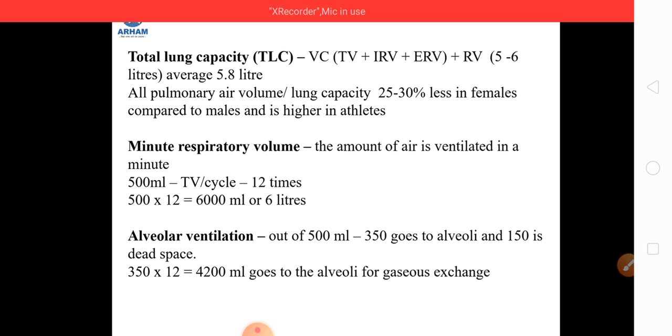So in 1 minute, even if we take 6000 ml, or 6 liters of air, 4200 ml goes to the alveoli, and the remaining stays in the tract, that is the trachea, the primary bronchi and the bronchioles.